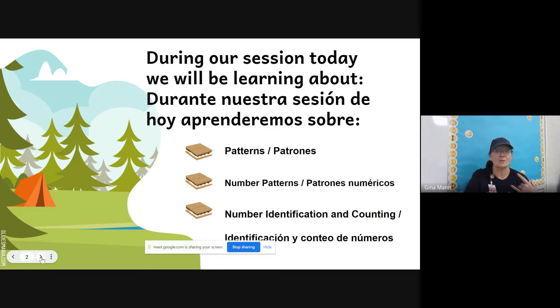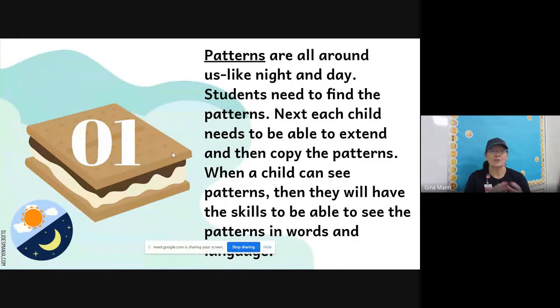Now, patterns are all around us, like night, day, very basic stuff. But students need to be able to find the patterns. Next, after they can identify and tell you that's a pattern, hey, that happens over and over again, the child needs to be able to extend. That means keep the pattern going.